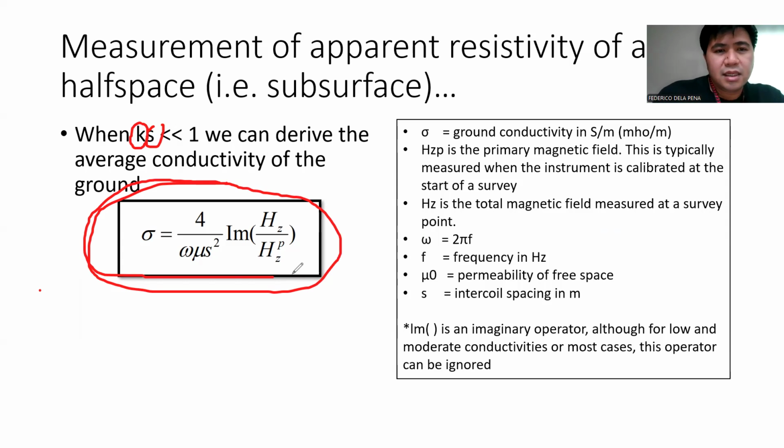So essentially, for most cases, we are mostly dealing with relatively low to moderate conductivities, right? Earth, diba? So you can imagine the Earth. It's generally resistive except for maybe clays or salt water. But for most cases, we can consider our survey as low to moderate conductivity.